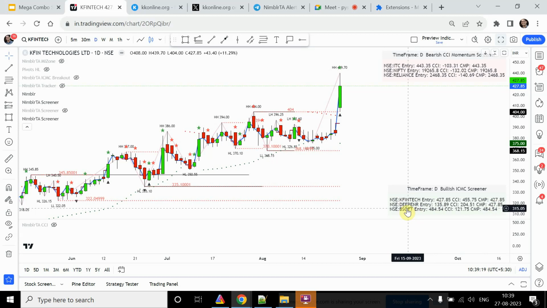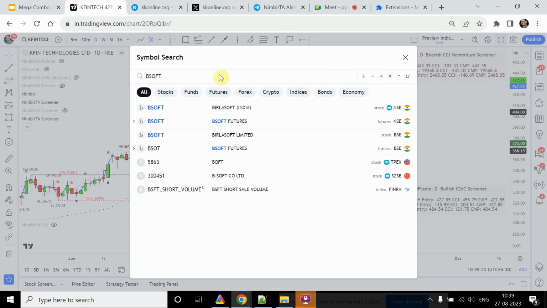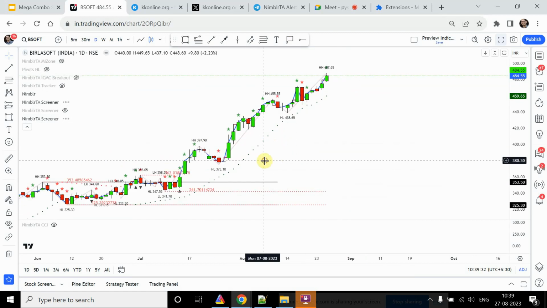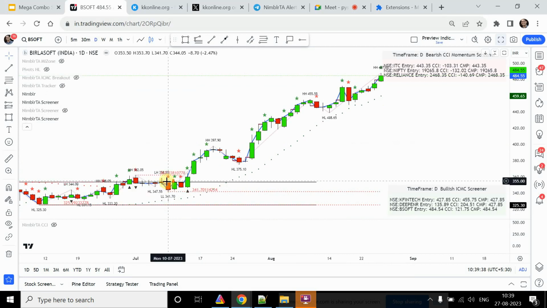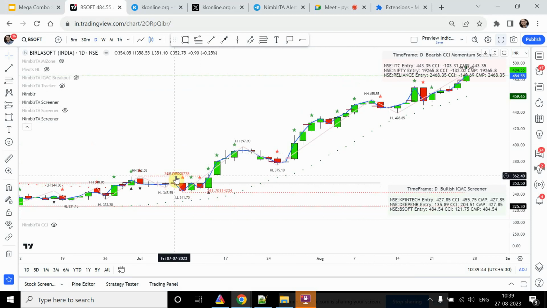Similarly for Bsoft, that is Birla Soft, we see a new CCI daily crossing above 100 has happened, and there's a no overlap over here. If you see closely, there are pSAR values which are giving you the information, and the lower high which was formed and the recent high value which was there, those have not been broken by the higher low.